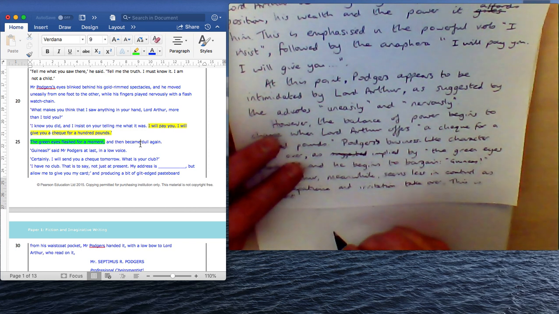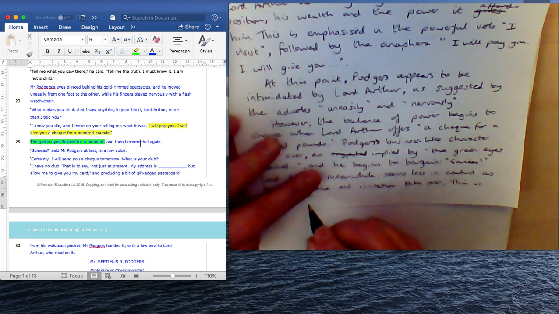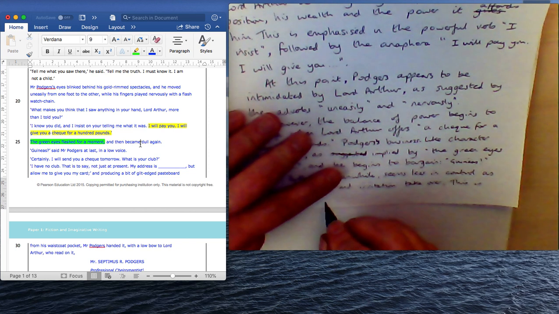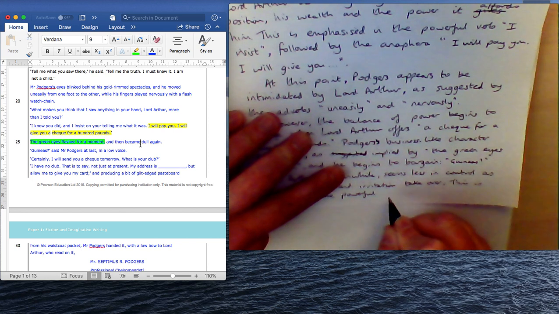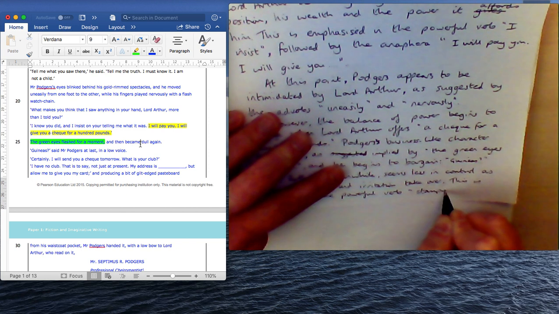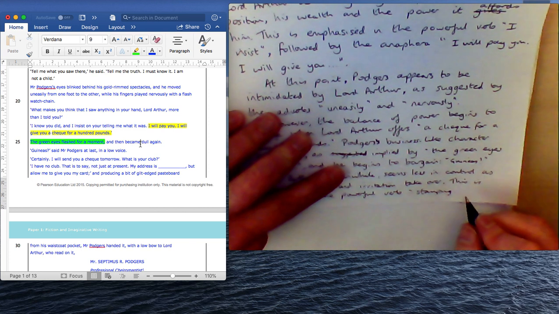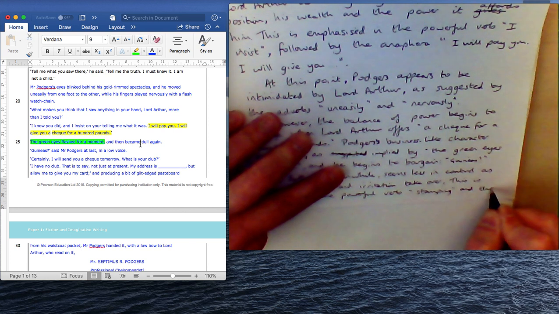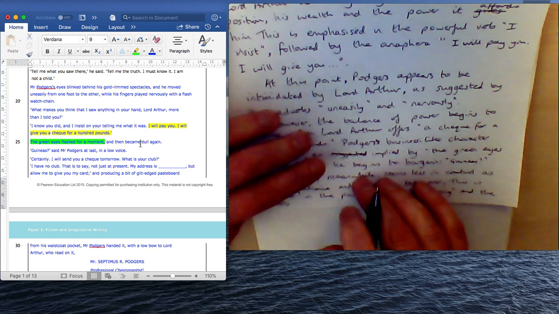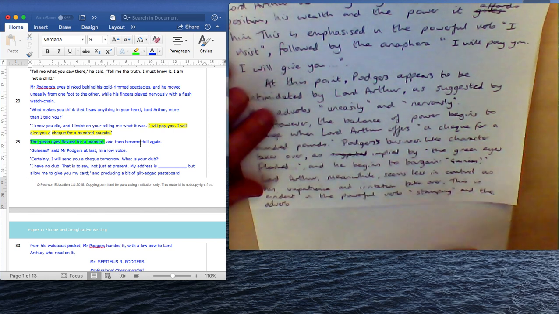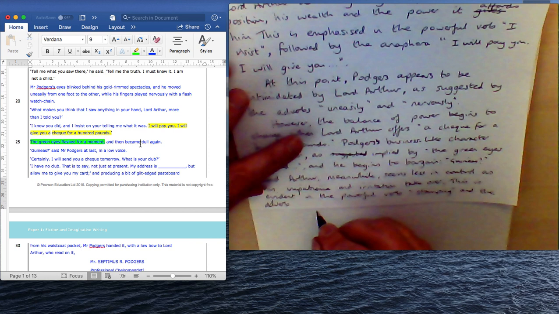Another way of avoiding this shows is this is evident in the powerful verb stamping and the adverb angrily.